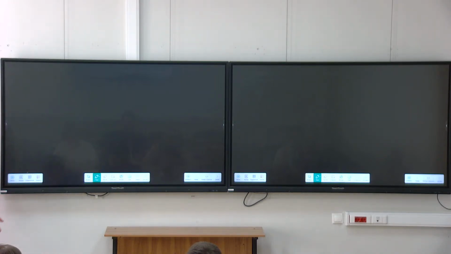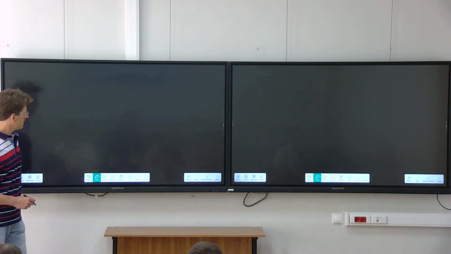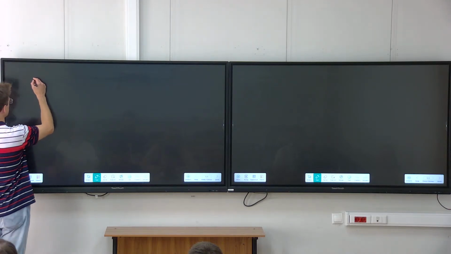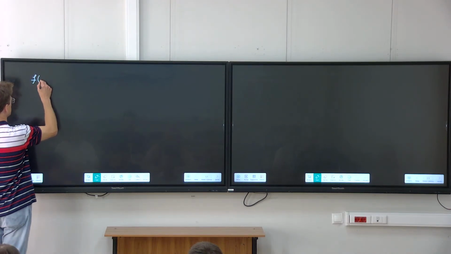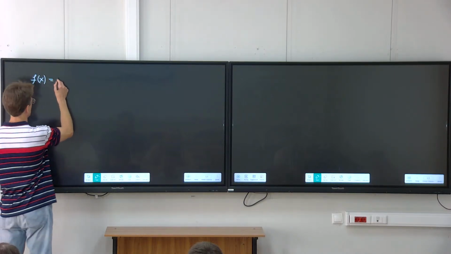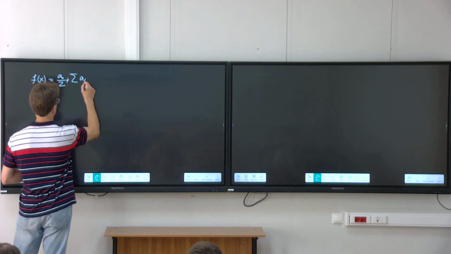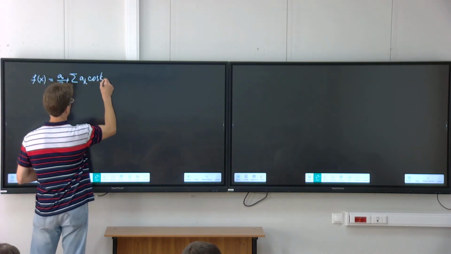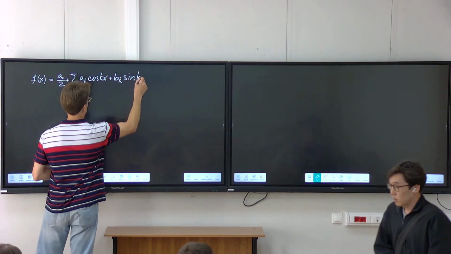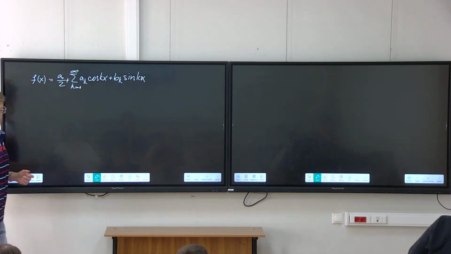So the theory of Fourier series was founded by Fourier at the beginning of the 19th century. And you probably remember that this theory is about representing sufficiently nice periodic functions on the real line as the following series. So this is the classical trigonometric Fourier series.